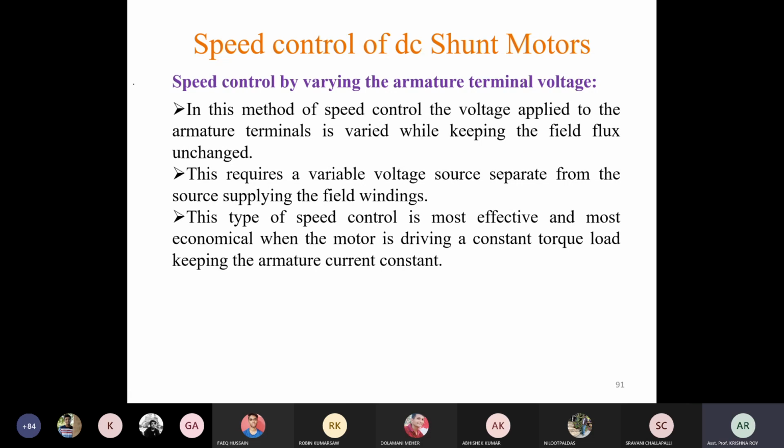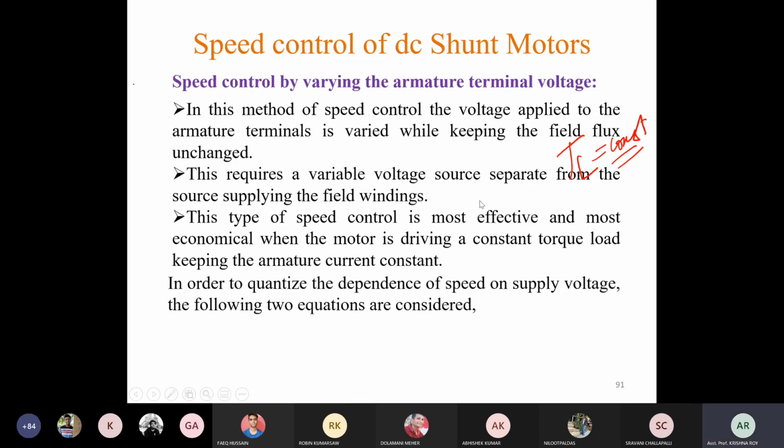And this type of control, that means this armature terminal voltage control, is very effective and economical also for driving a constant load. So load torque TL will remain constant. When the load torque remains constant, there only we can apply this kind of terminal voltage control method of speed of a DC shunt motor.